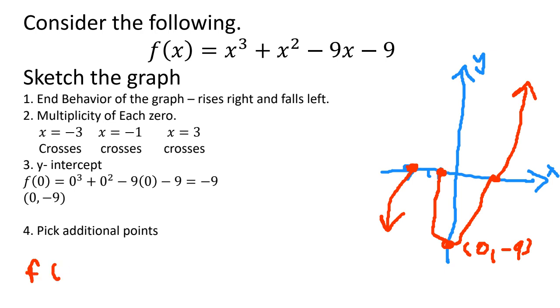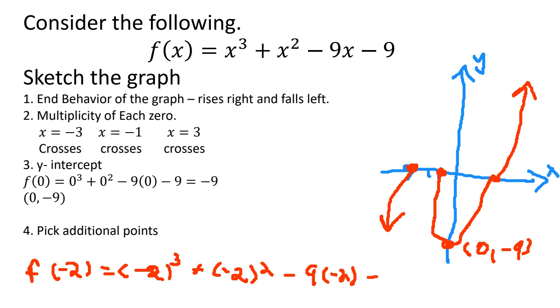So then we have -2 cubed plus -2 squared minus 9 times -2 minus 9.